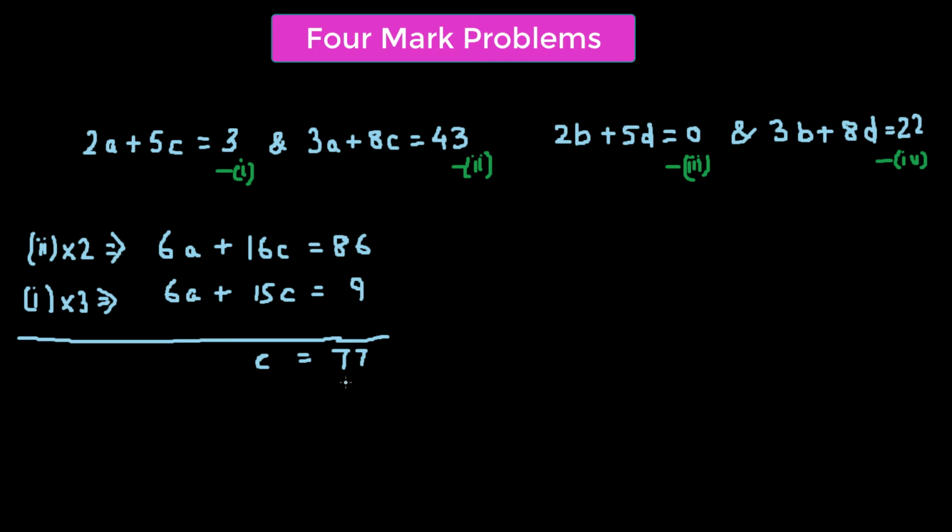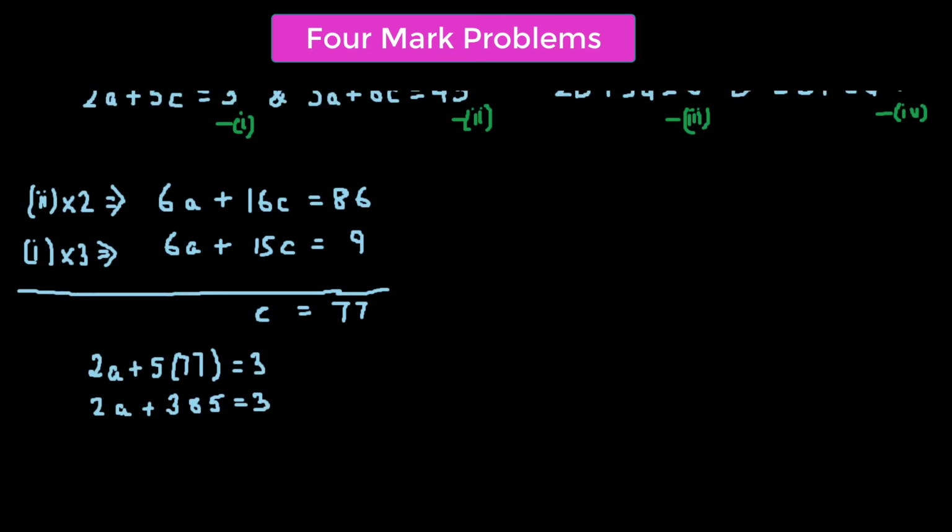Now we substitute the value of c in equation number 1. That will give us the value of a. So we have 2a plus 5 times 77 equals 3. 5 times 77 is 385, equal to 3.